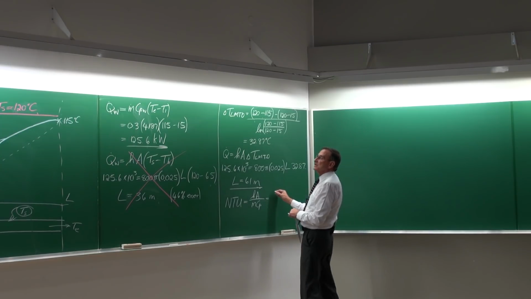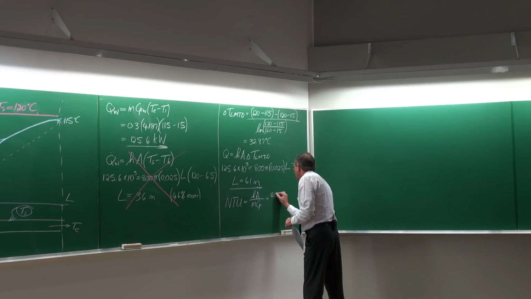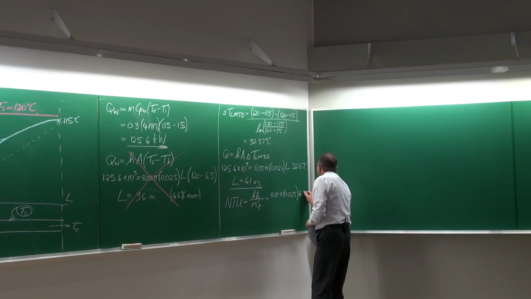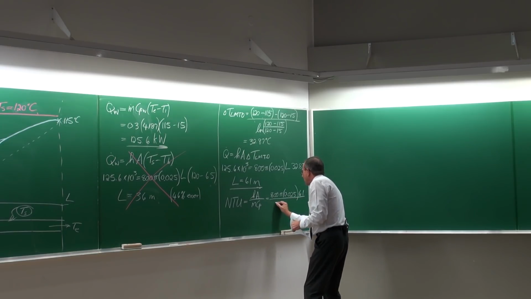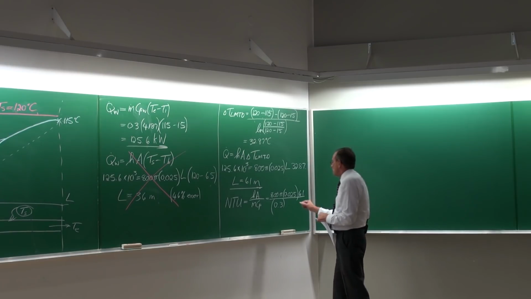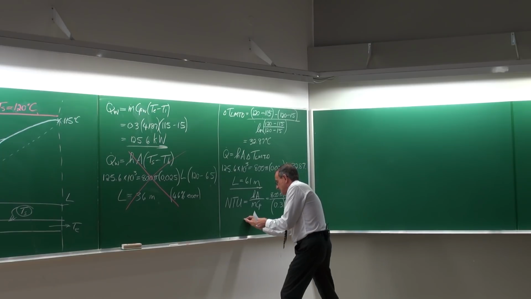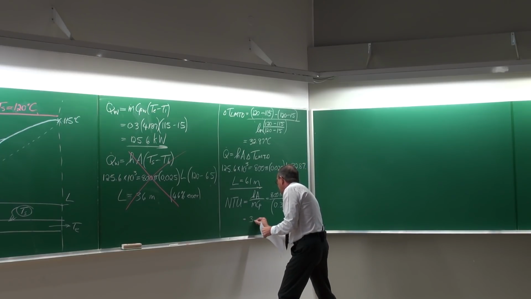The heat transfer coefficient is 800, times pi, times the diameter 25 millimeters, times the length we've just calculated, divided by m dot 0.3 and Cp 4187. It gives us an NTU value of 3.1.